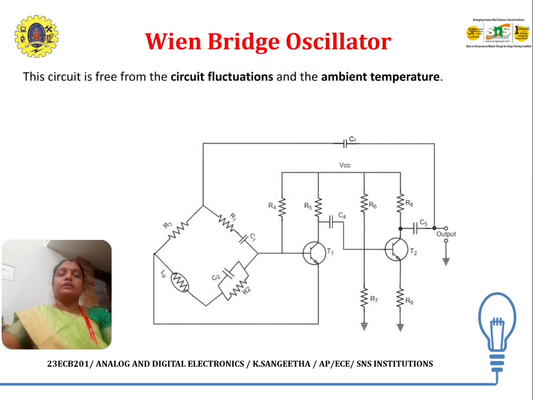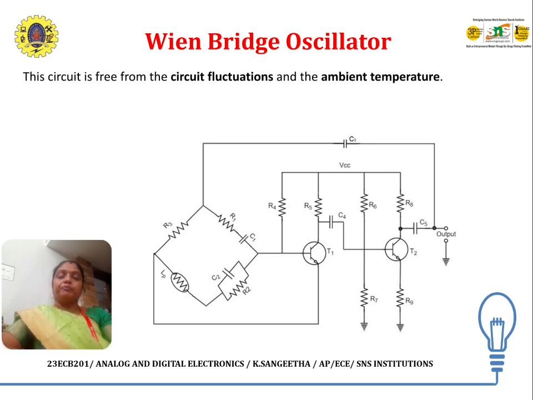This circuit is free from circuit fluctuations and the ambient temperature. Here there is a Wien bridge, that is R3, R1, C1 connected in series in one arm of the Wien bridge, and R2 and C2 connected in parallel in another arm, and in the last arm LP, that is a tungsten lamp, is connected.